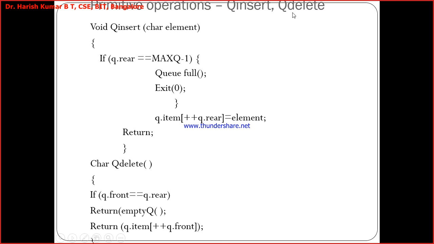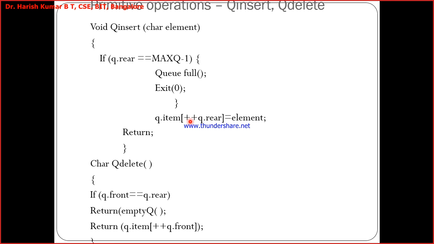So queue insert and queue delete. Before inserting into the queue, as I already showed you, you have to check whether the queue is full or not. If rear is equal to max q -1, then you say queue is full and exit. Otherwise you add an element to the queue.